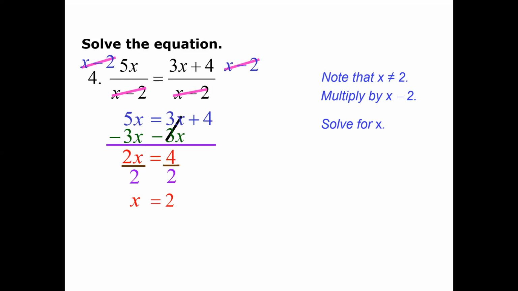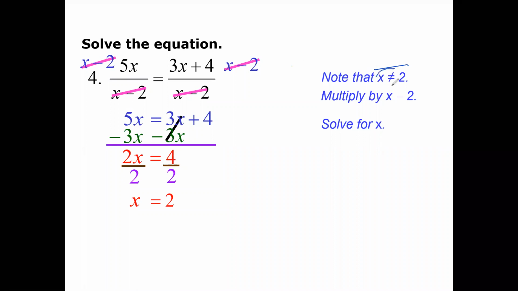So any observation with the value of x? The value of x is 2, and that is our restriction.